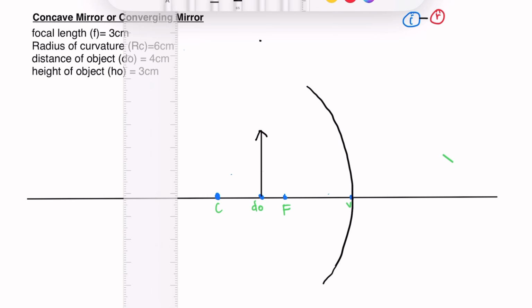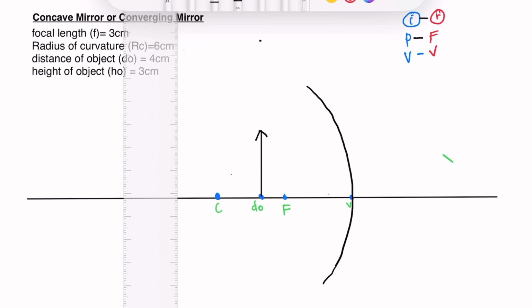So let's have the PF ray and then pair it with its reflected ray. Another important principal ray would be the VV ray. So these are the two important principal rays that you can use. Again, wherever the object is placed in front of the mirror, you can still describe the image formed.